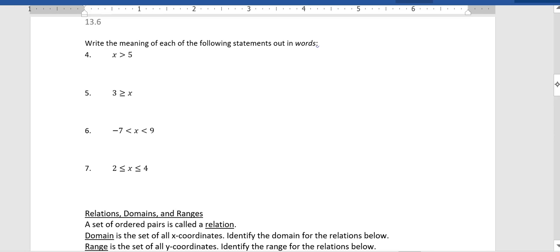And that's what I'm going to write out in words. X can be all values greater than 5. We assume that includes decimals and fractions and square roots.